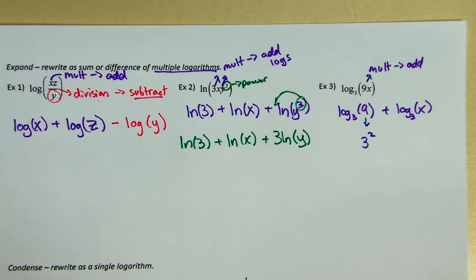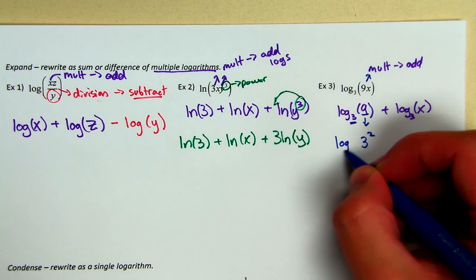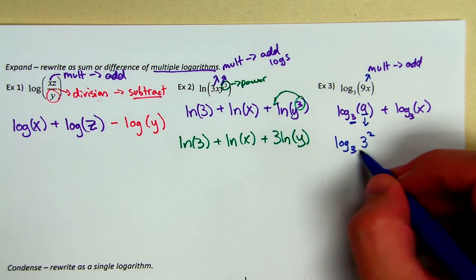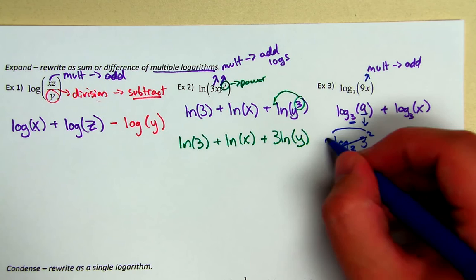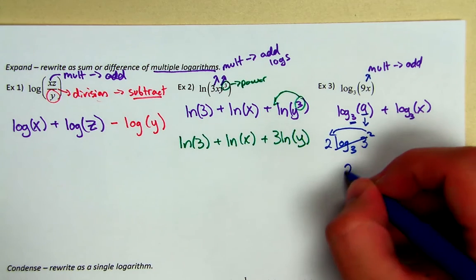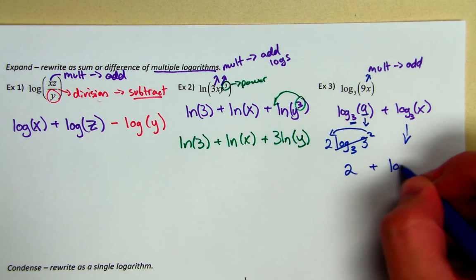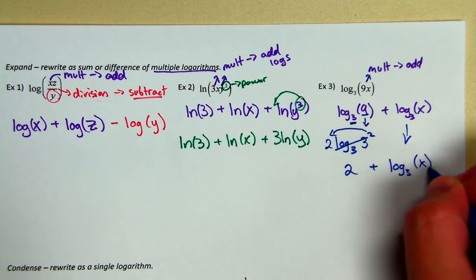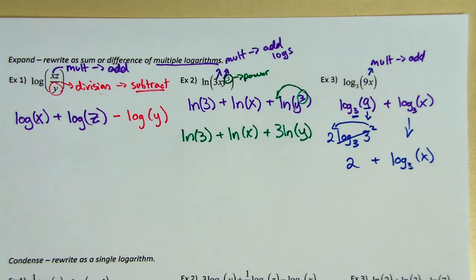If you can rewrite something with the same base, you should try. So log base 3 of 3 squared, that's your inverse property here. So the 2 comes down, and I'm left with 2. Nothing happens to that log base 3 of x, so plus log base 3 of x. So you do need to realize sometimes you can pull apart those numbers.